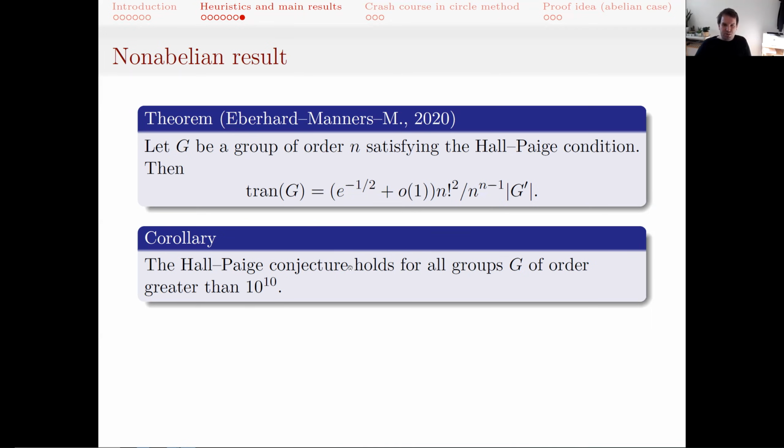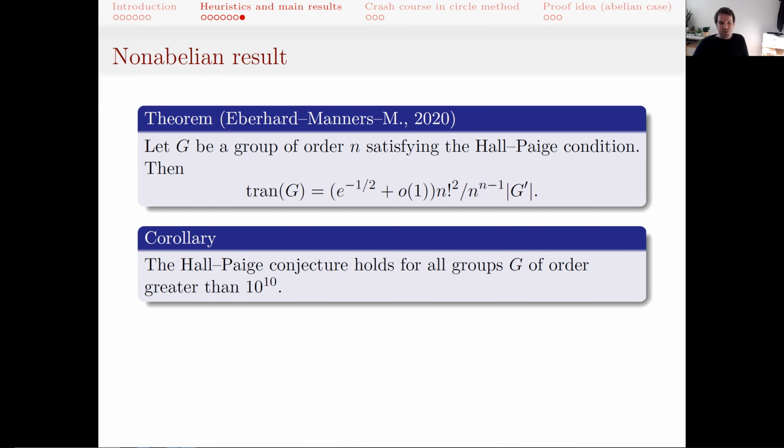We can make some adjustments, put some extra conditions on our group, and then lower this number 10 to the 10. But basically, what this means is that we proved the Hall-Paige conjecture for all groups which are large enough.